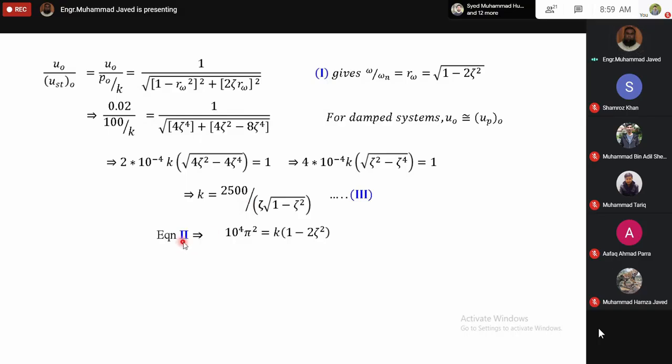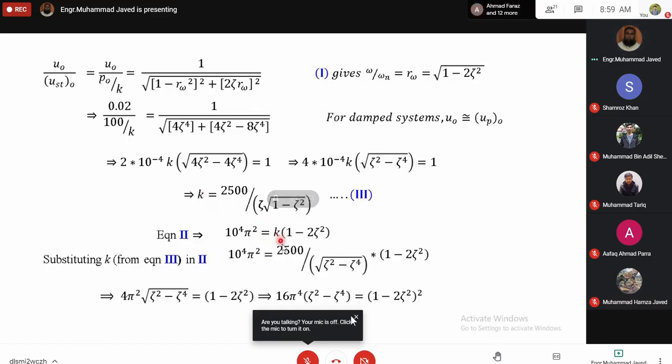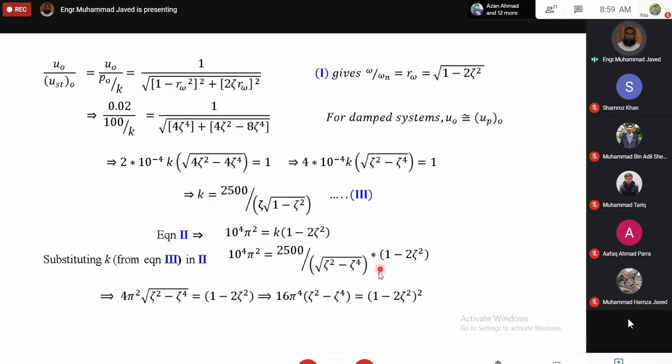And if we reproduce equation 2 and write this value of k in this equation, and then we expand and simplify the equation, we will get this equation.